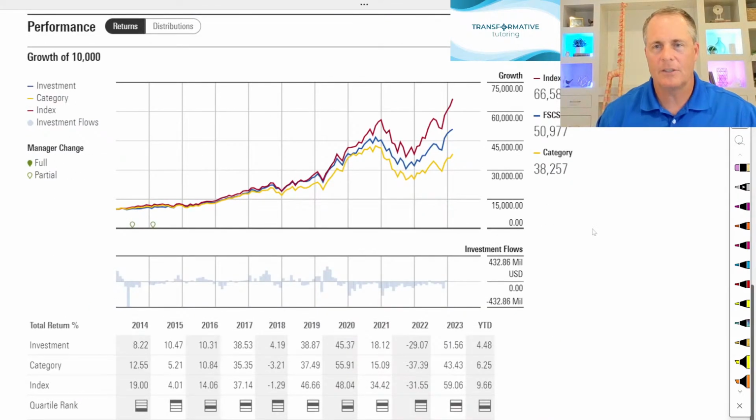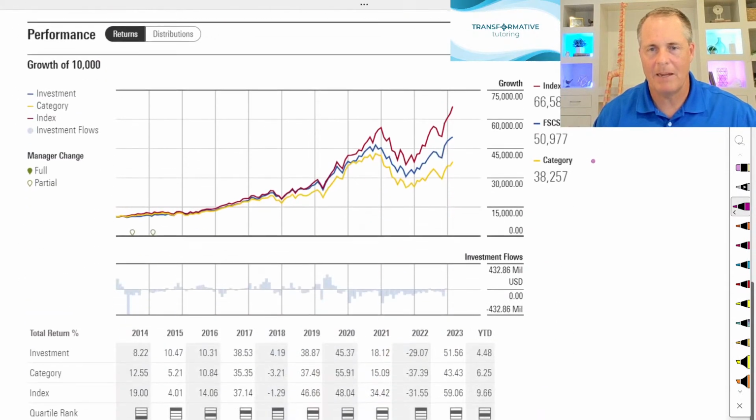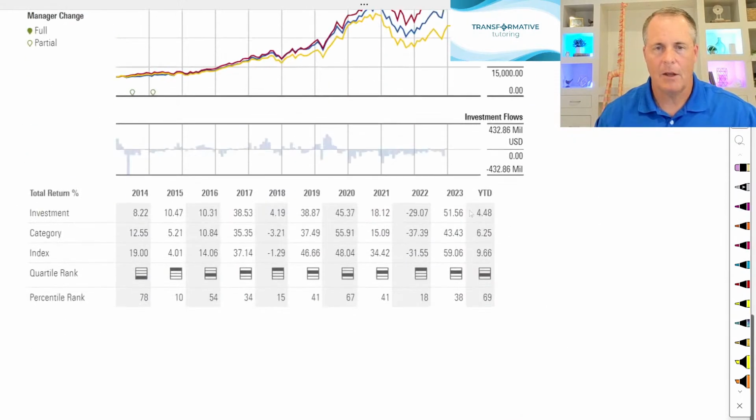What I also wanted to show you is that this FSCXS, which is a Fidelity fund, okay, and I don't work for Fidelity. I'm not asking them to pay me anything to say this stuff. But there's many other funds out there. And here you can take a look. Like in 2022, it actually lost almost 30% of its value. And you can see it up there in that chart.